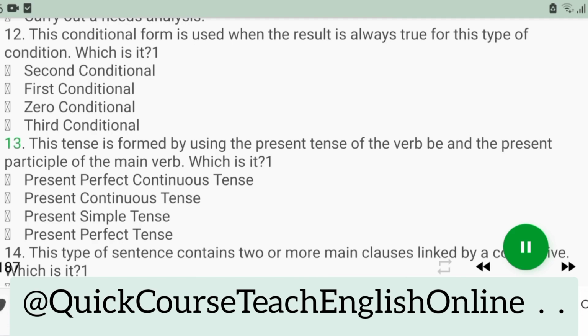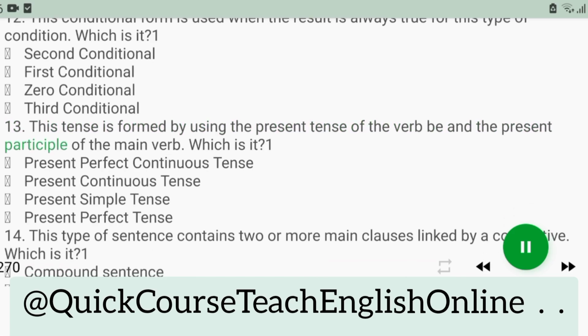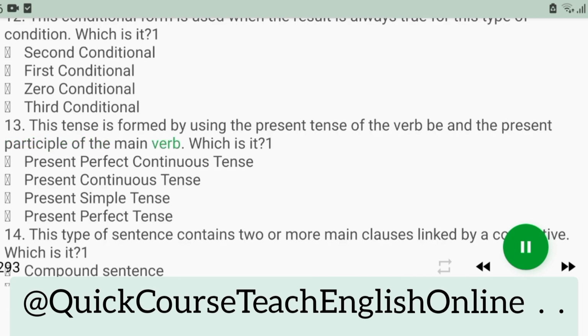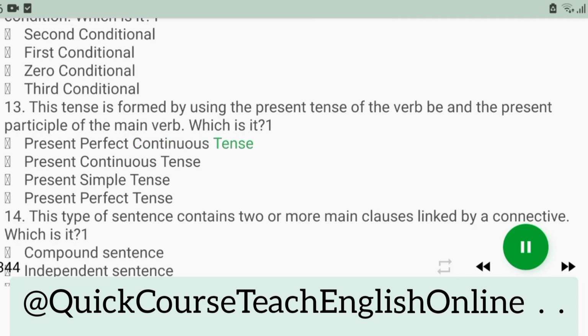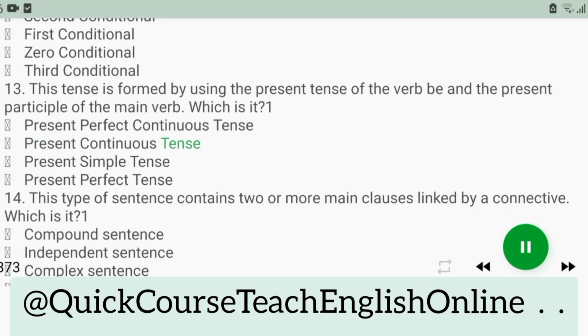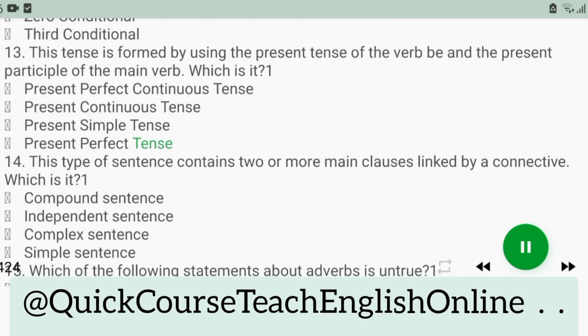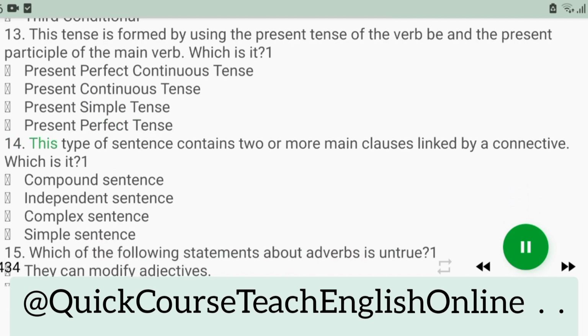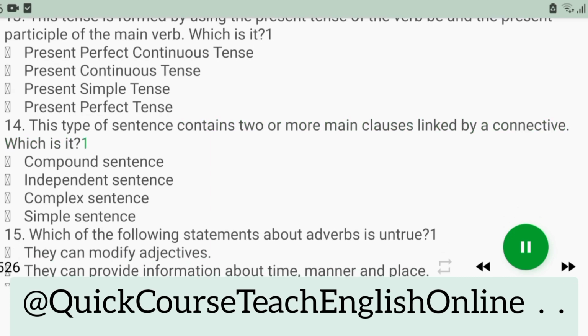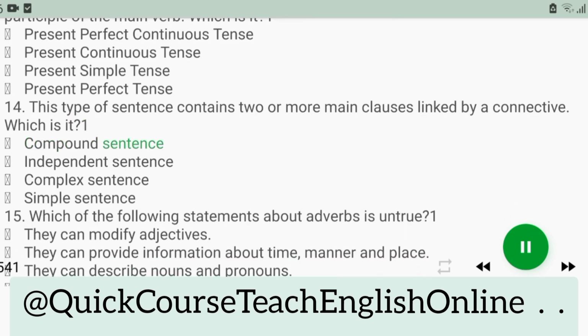13. This tense is formed by using the present tense of the verb be and the present participle of the main verb. Which is it? 1. Present perfect continuous tense. 2. Present continuous tense. 3. Present simple tense. 4. Present perfect tense. 14. This type of sentence contains two or more main clauses linked by a connective. Which is it? 1. Compound sentence. 2.